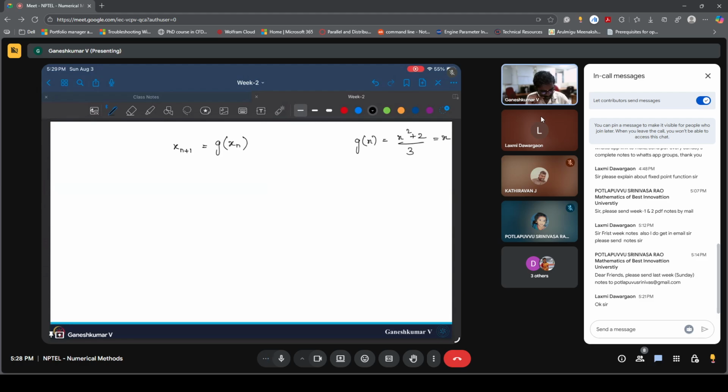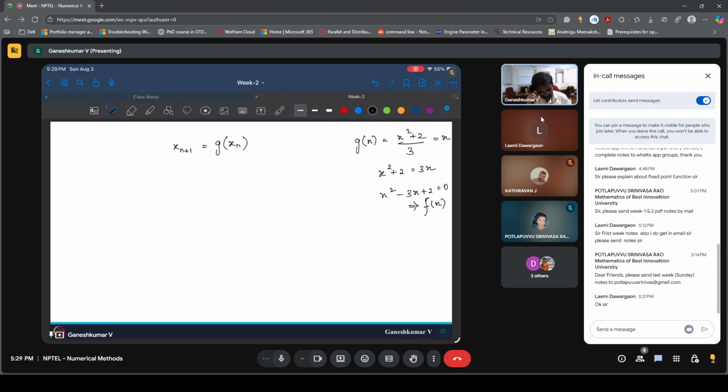So you equate this equal to x, then it becomes x square plus 2 is equal to 3x, and x square minus 3x plus 2 equal to 0. This is the f of x. So for a given g of x, you just equate that to x and you find the f of x. But for a given f of x, there could be multiple g of x.